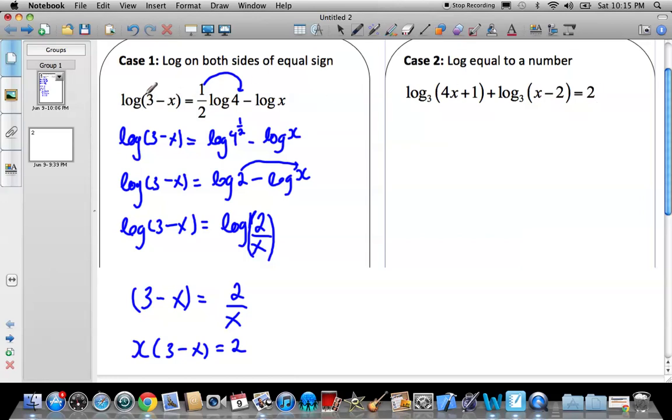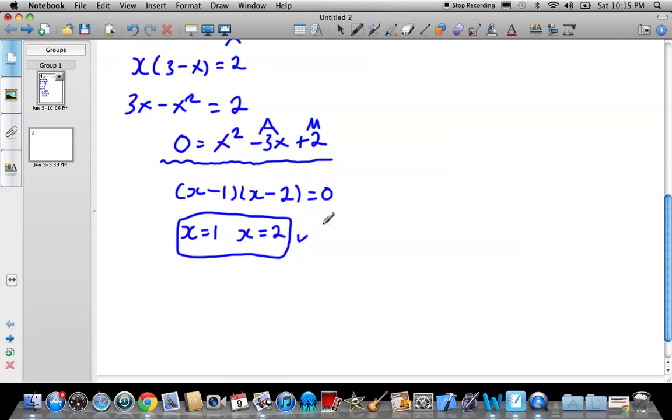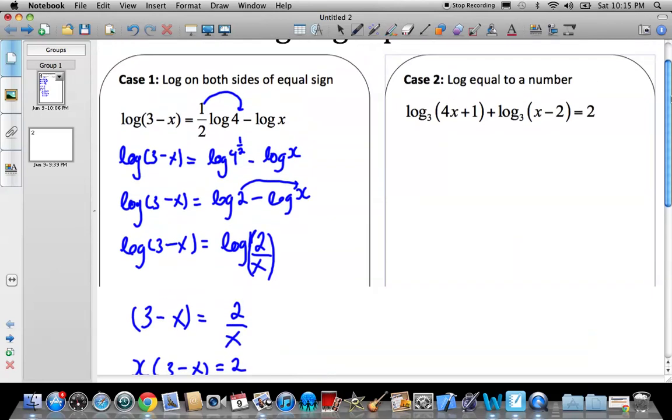You have to make sure that what's inside the log function is greater than 0, because you can't take the log of a number less than or equal to 0. So these are both solutions, and we don't have to reject either of them. But sometimes we might end up with a negative in here, or something that makes it not a solution, so we have to check. They're both good, so both are solutions. All right, let's have a look at the second case.